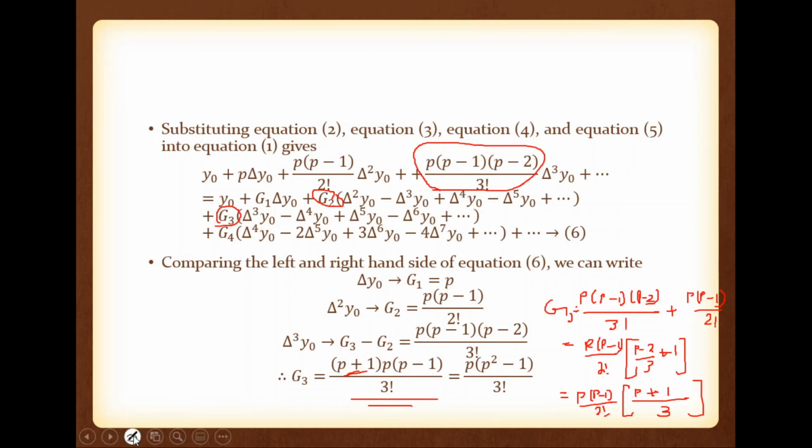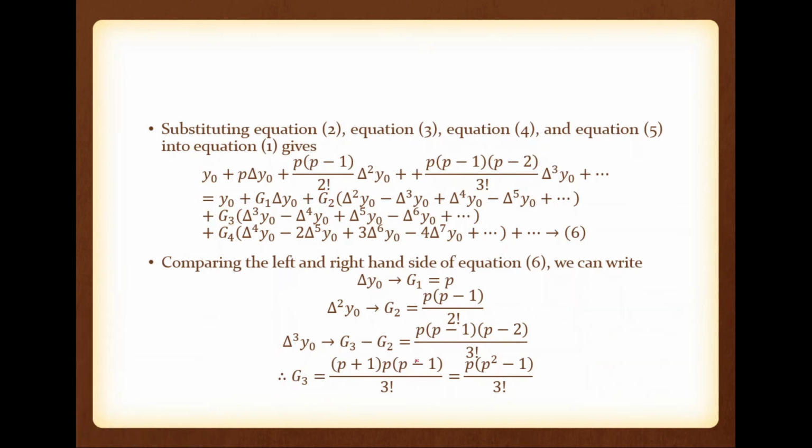Okay. So please note, here we have p, so p by 1 factorial. If it is g2, the denominator will become 2 factorial, and in the numerator p minus 1 is added along with p. Now compared to g2, what about g3? The 2 factorial will become 3 factorial in the denominator. What is the additional term added to g2?